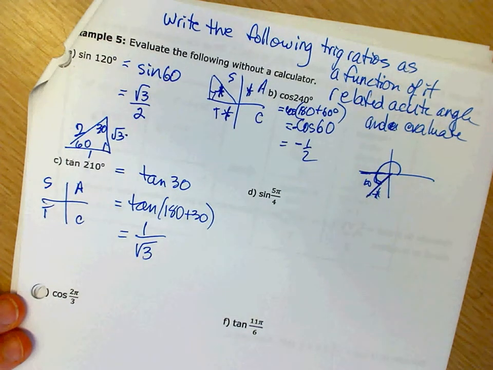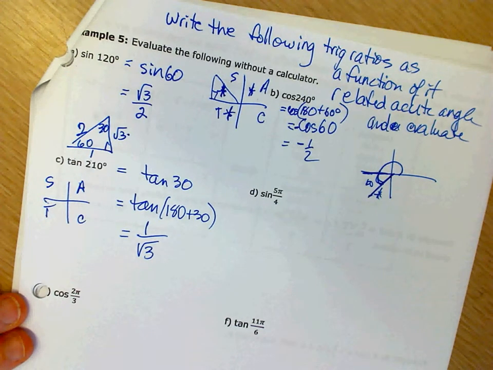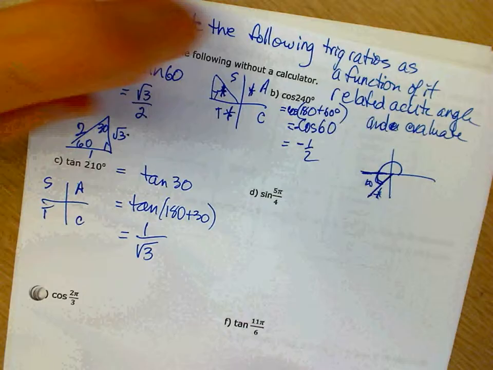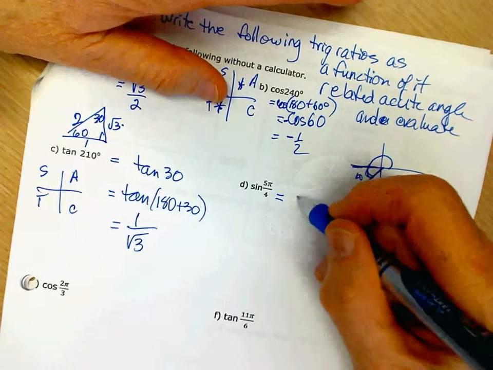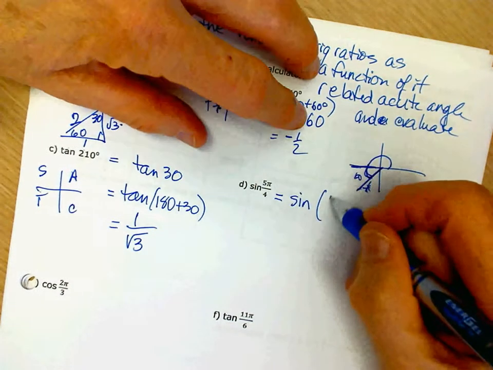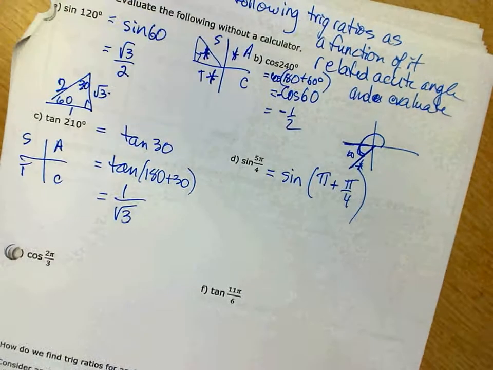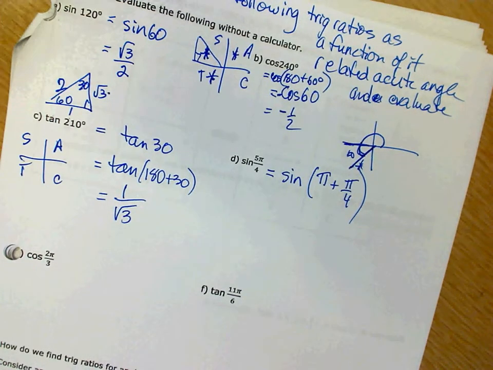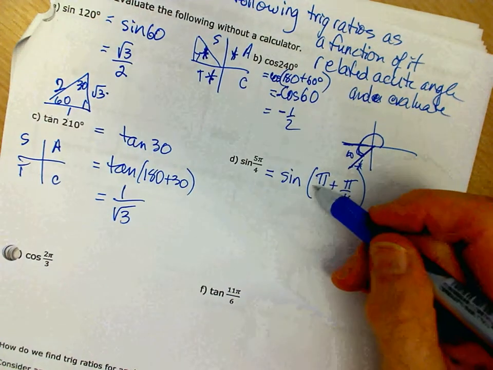I'm going to write this like this. Do you agree that this is equivalent to pi plus pi by 4? Agreed? Because this is 4 pi by 4 plus 1 pi by 4, which is 5 pi by 4. So you know the related acute angle is pi by 4.